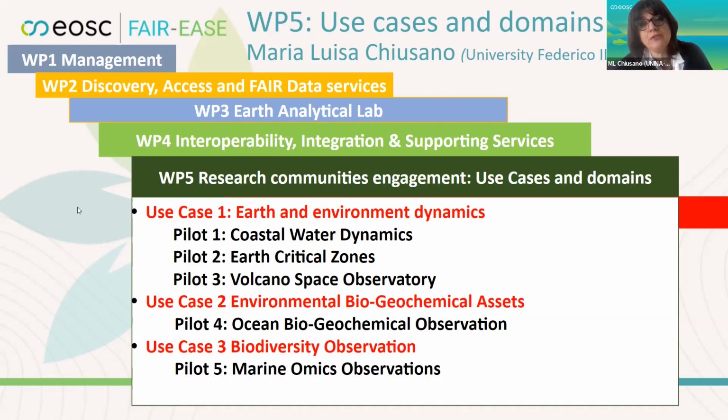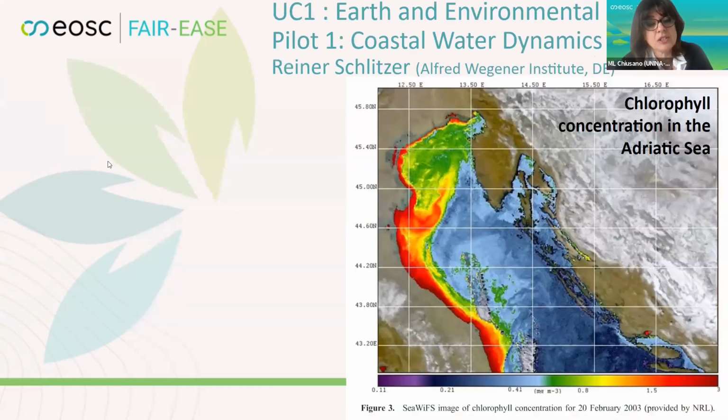Each use case focuses on specific Earth-related issues, its dynamics, its biogeochemical asset, and its biodiversity. I want to leave the floor to the reference persons in charge of the presentation of each of the pilots. And the first is Rainer Schlitzer, who presents the pilot coastal water dynamics embedded in use case 1, which is Earth environmental dynamics. So Rainer, please take the floor.